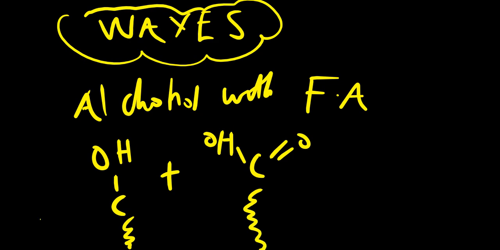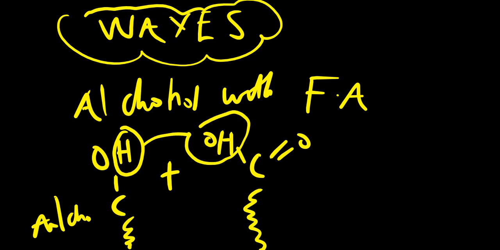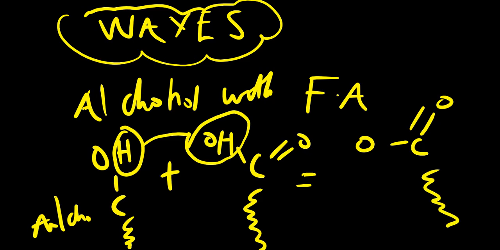So this alcohol, the H on the alcohol will react with the OH on the fatty acid, and you form what we call a wax. Now the formula will be something like this, and let's say this is your hydrocarbon chain, and on the oxygen like that, and another hydrocarbon chain like that.